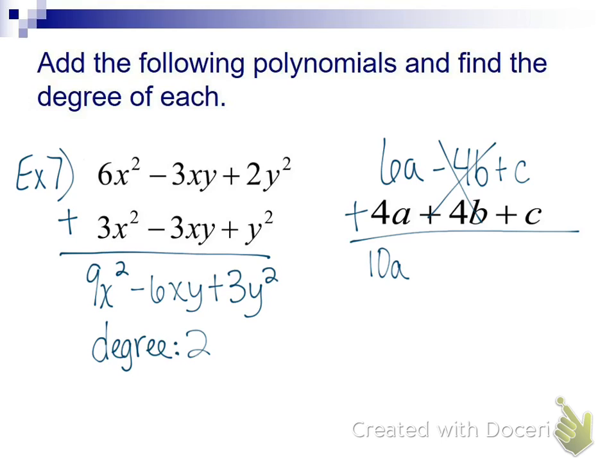You don't need to put plus 0. 2c plus 2c. Okay, this is a binomial. What is its degree? 1. So the degree of each term is 1. So overall, the degree is still just 1. Questions, concerns about these two examples?